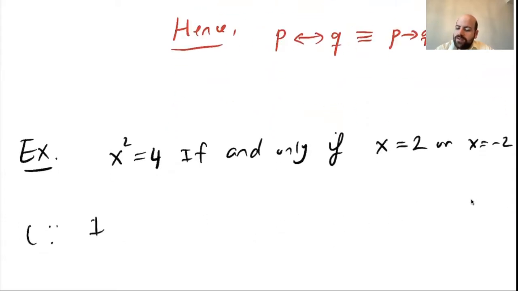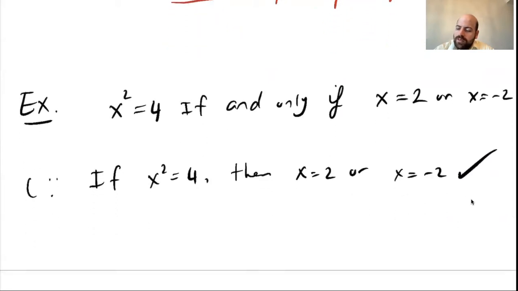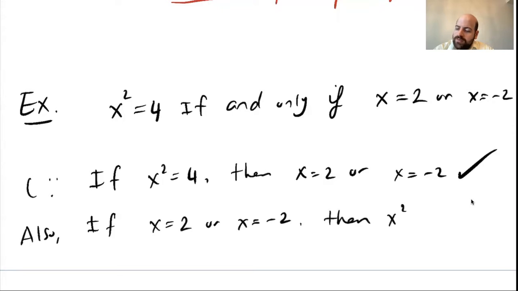Because if x squared is 4, then x is equal to 2 or x equals minus 2. And also, if x is equal to 2 or x is equal to minus 2, then x squared is equal to 4. This is also true.